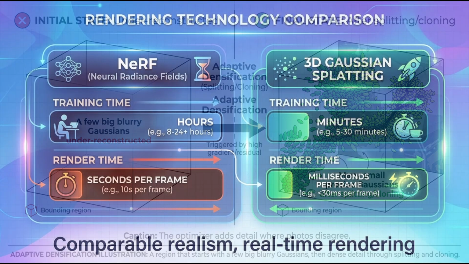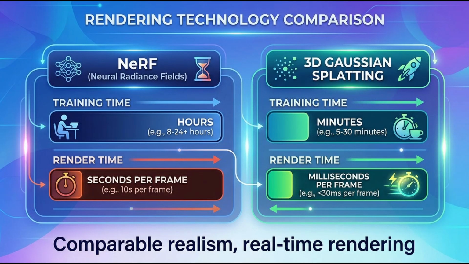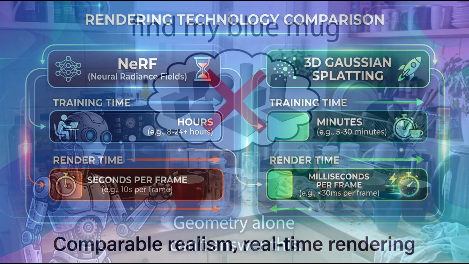The open challenges are handling dynamic, changing scenes gracefully and keeping memory in check when the Gaussian count explodes. But as a live, photoreal differentiable map, it's one of the most exciting representations in the field right now.